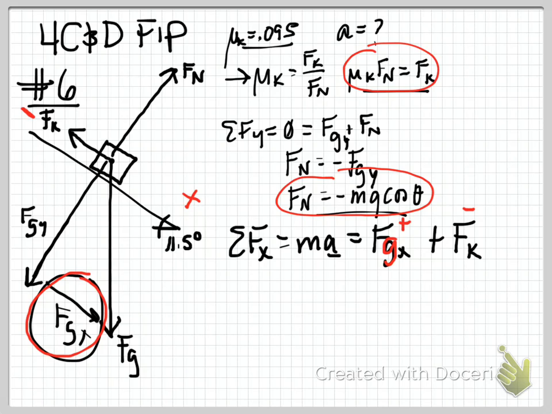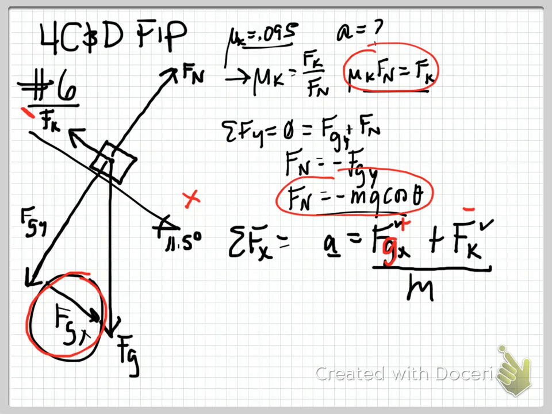One thing that saves a lot of hassle here is, in a problem like this, you are able to do a lot of your rearrangement before you start substituting in, and that avoids you having to move a lot of things across the equal sign and change signs, and that simplifies life. So if we divide this side by mass, we now have, in essence, our solution. Now we just need to substitute in for our f of gx and our fk.